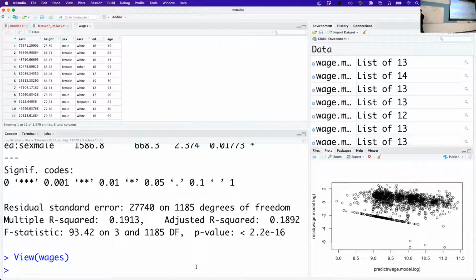So this is a technique where we use our data to artificially generate a test set. So this looks something like this.